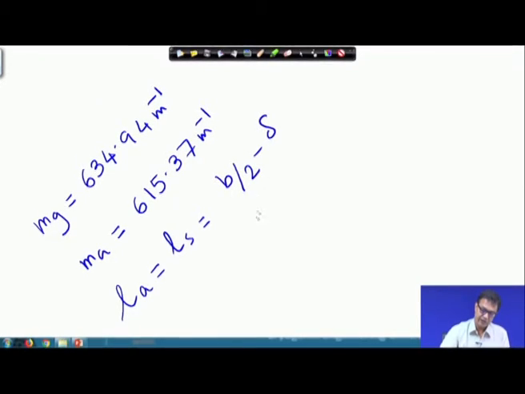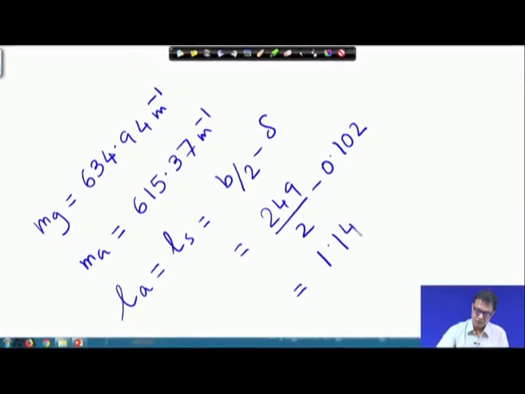Here both L_A and L_S have been taken as b by 2 minus delta, that is 249 by 2 minus 0.102, which comes out to be 1.143 millimeter. Now, why did we take this b by 2 minus delta?